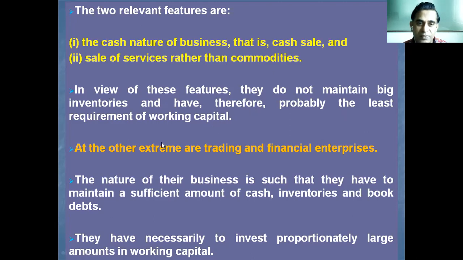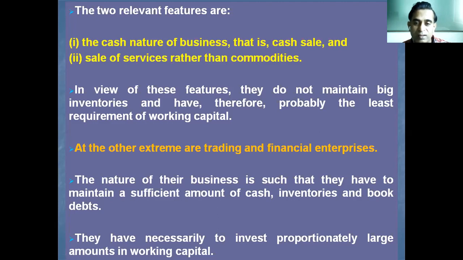At the other extreme are trading and financial enterprises. The nature of their business is such that they have to maintain a sufficient amount of cash, that is the inventories and book debts. Like I mentioned, Hindustan Unilever Limited, for example, or ITC, are companies that manufacture and sell to other customers. So they usually sell on credit basis.